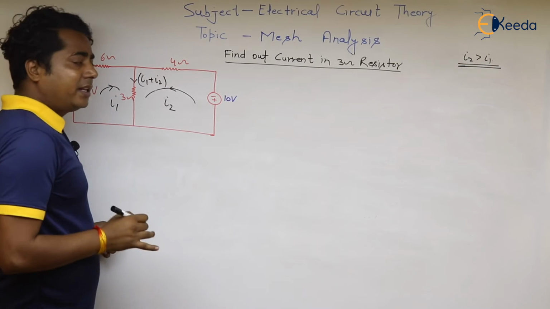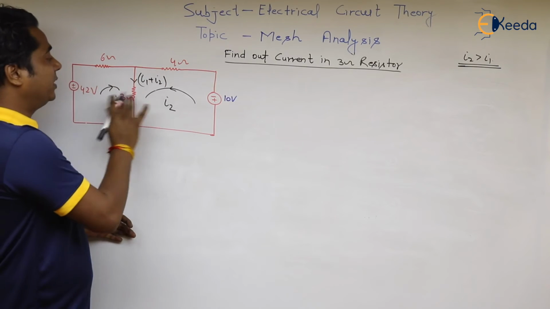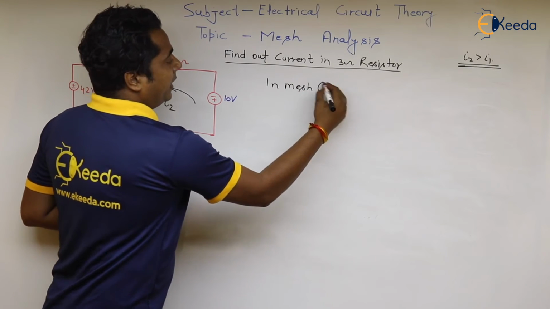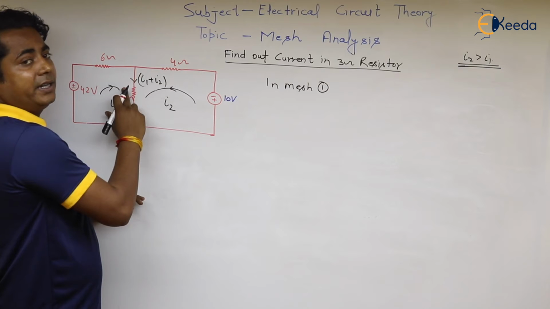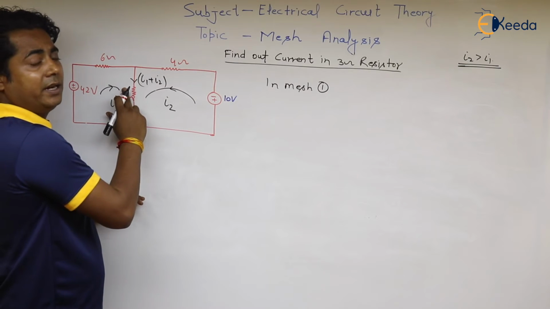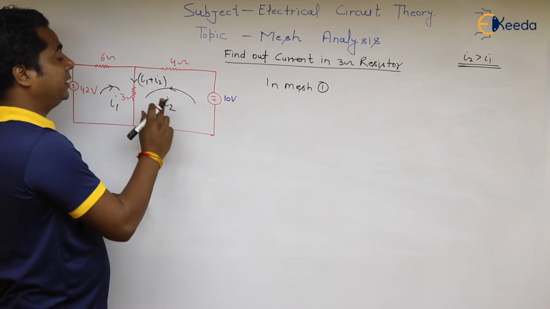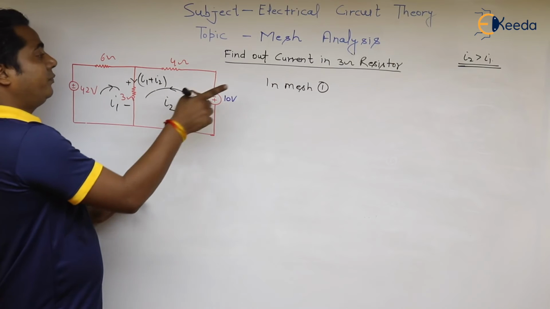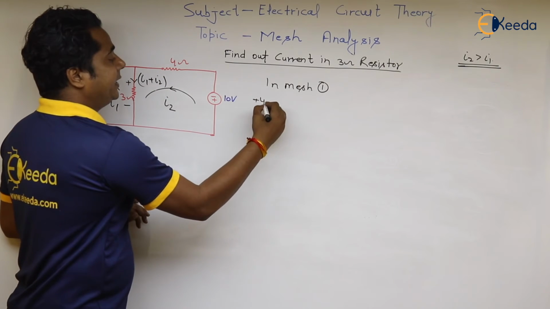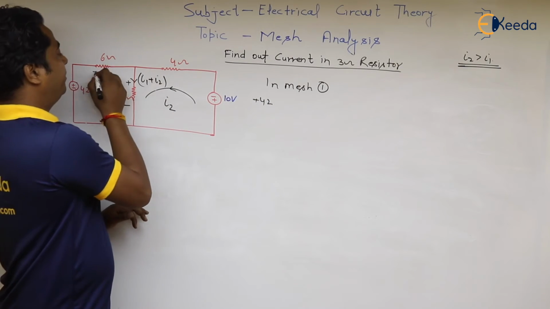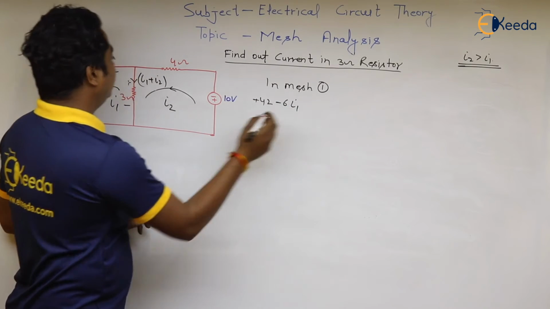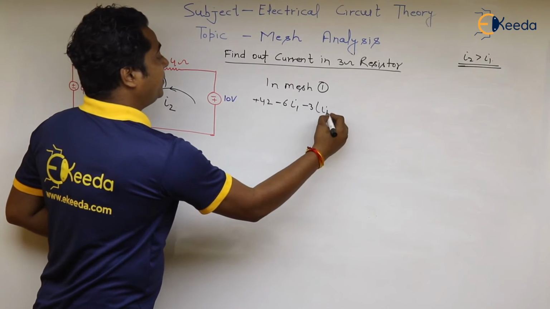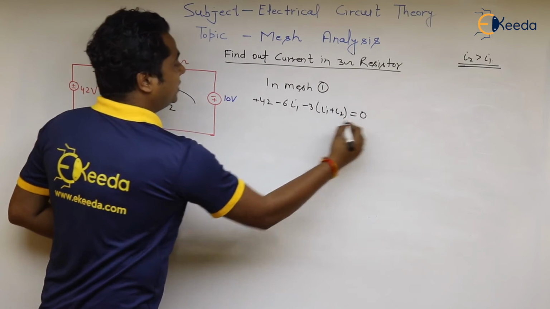And this time writing the KVL equation will be very easy for both the meshes. In mesh number 1, if there is no difference of currents, no I1 minus I2 or I2 minus I1, then we need not worry about the direction. Simply we write, plus minus for both the meshes. So in mesh 1, minus to plus is plus 42 minus 6 I1 minus 3 times (I1 plus I2) is equal to 0.